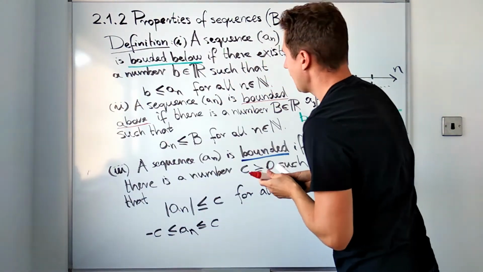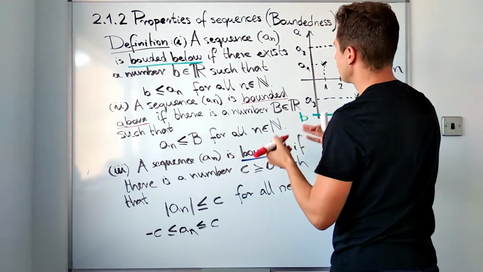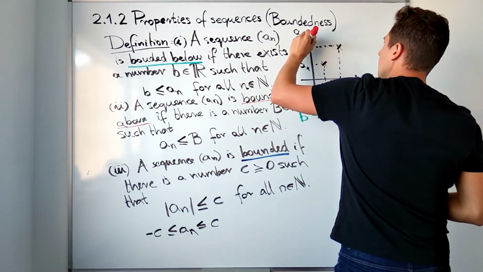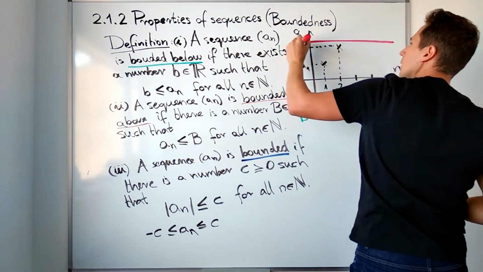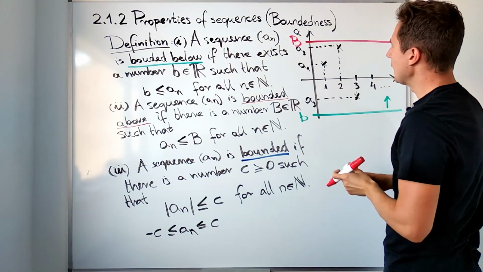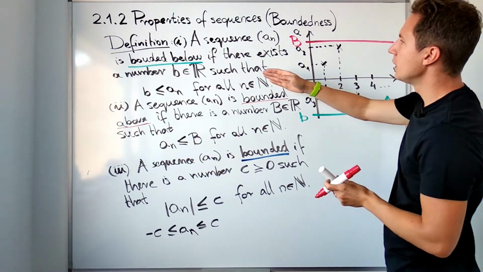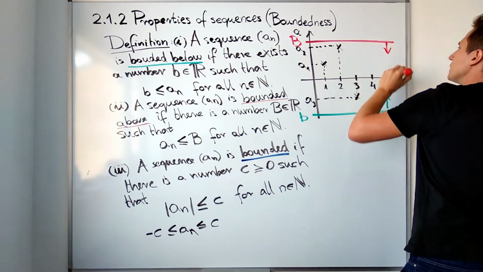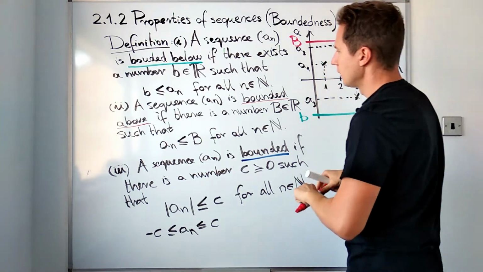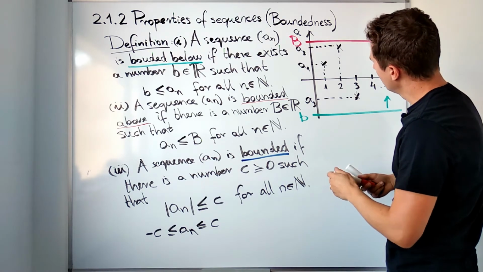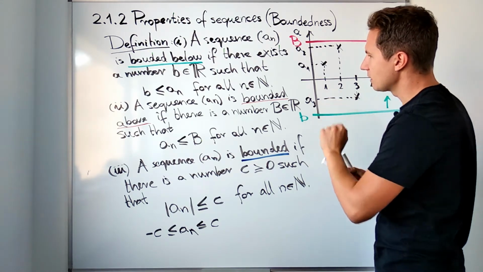Similarly, we can have sequences that are bounded above. Well, that would mean that there is some height, capital B, at which we have a ceiling to the sequence, and all terms in the sequence are below this ceiling. None of the terms go above that certain height. So this is when we have a sequence that is bounded above.